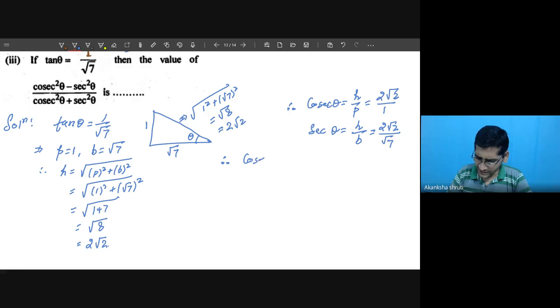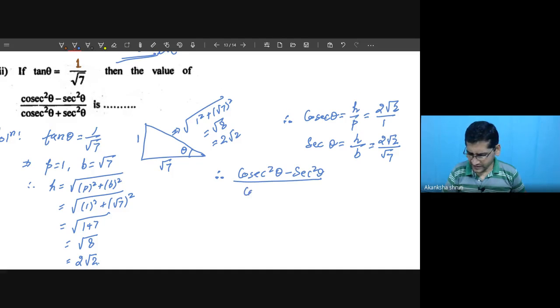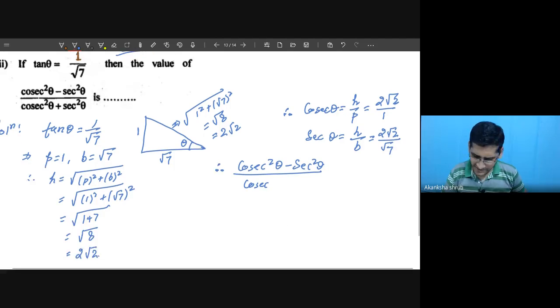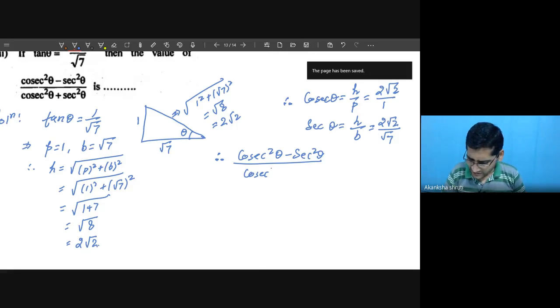Therefore, cosec square theta minus sec square theta divided by this cosec square theta plus sec square theta.